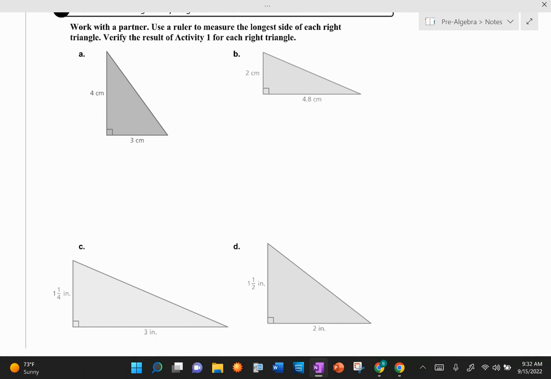So for letter A right here, if we labeled this A and this B, you need to measure C, and then mark it down. Make sure that you recognize the unit of measurement. If that triangle says centimeters, use the centimeter side of your ruler.